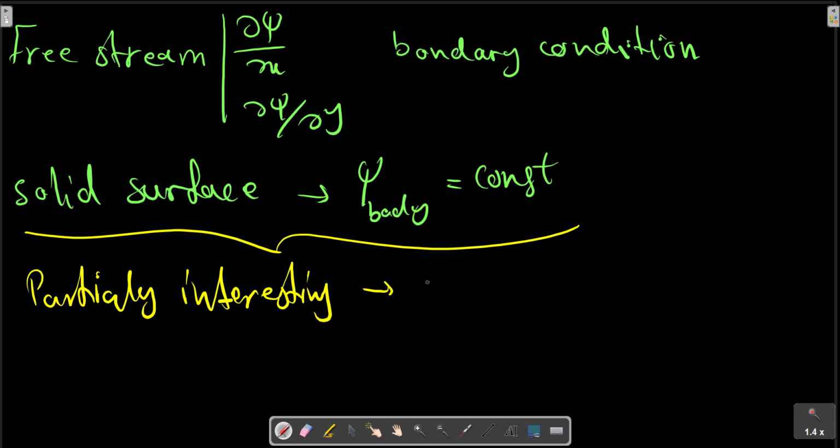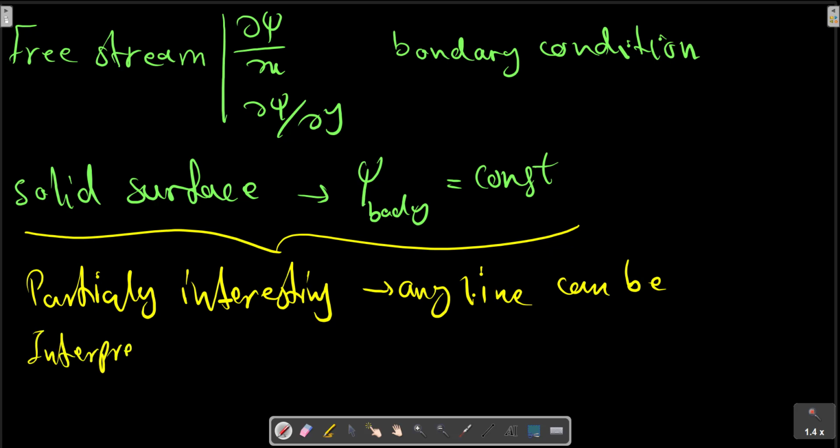Any line can be interpreted as body shapes. For the application in this chapter, we may compute either phi or psi or both, and the solution will be an orthogonal flow net. Once found, either set of lines may be considered the phi lines and the other set will be psi lines.